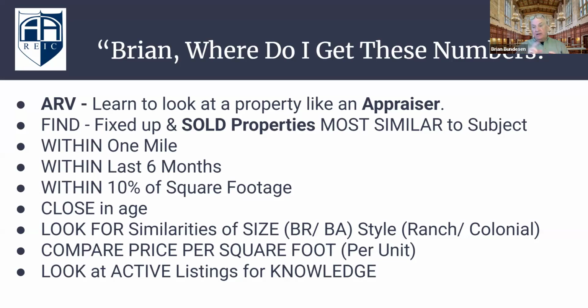And it's like the ones we looked at yesterday. This is where you look at actives just for the knowledge, and hopefully they'll get what they're asking for. And you never know, you can't say they won't get it, because there might be a buyer out there willing to overpay. Okay, so you want to have the active listings out there for knowledge.